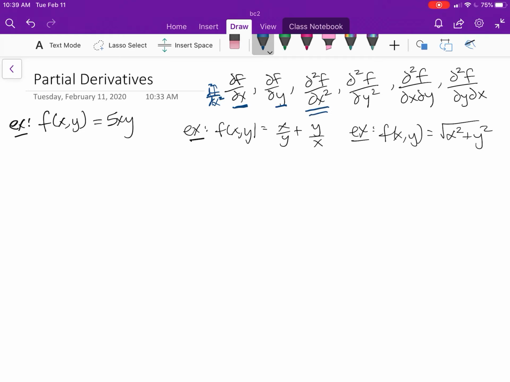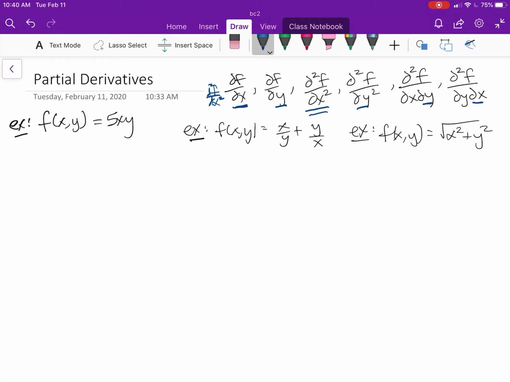It's a second partial of this function with respect to x, and the next one, second partial with respect to y. And for these last two, almost always you'll get the same result, so really it doesn't matter.